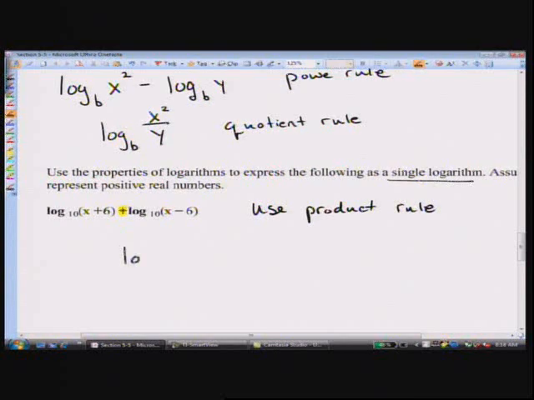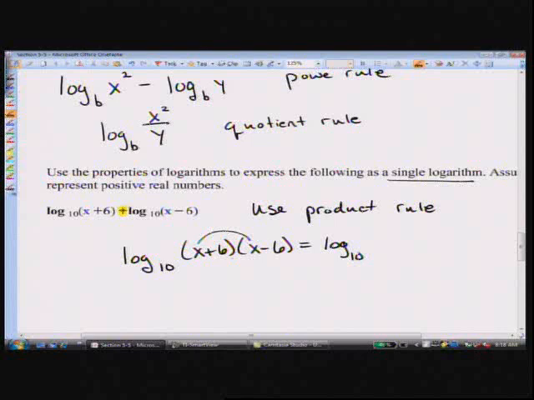We'll write it as log base 10 of x plus 6 times x minus 6. If you FOIL this out, you'll get x squared, and then you're going to get minus 6x and plus 6x, so those will cancel, and then minus 36.